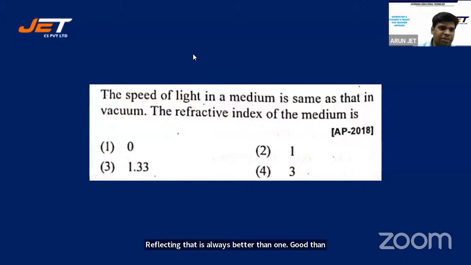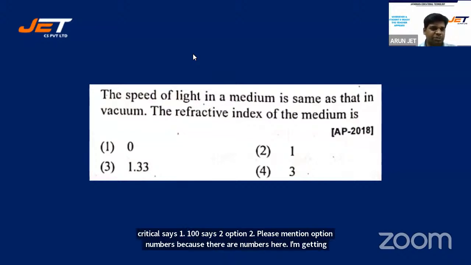Harshad, is it option 1 or refractive index 1? Okay, Pritika says 1, Bhavana says 2, option 2. Please mention the option number, students, because there are numbers here. I'm getting confused. Option 2, all right, option 2, that's right.